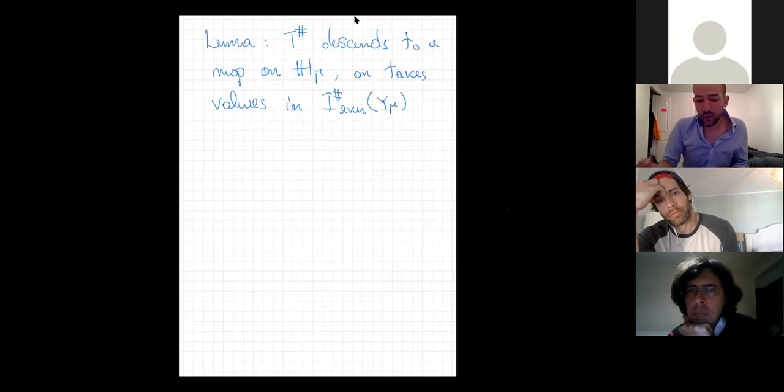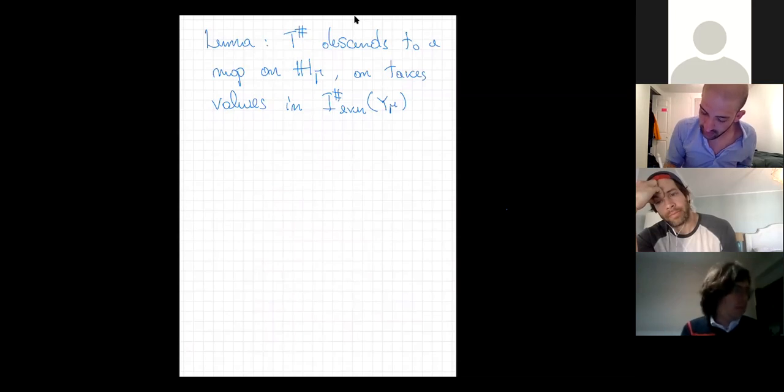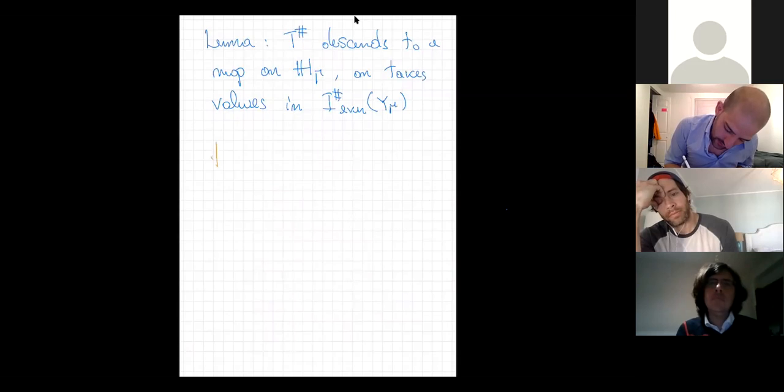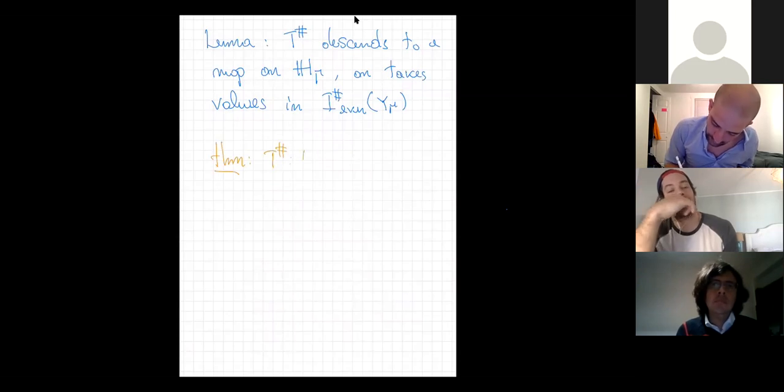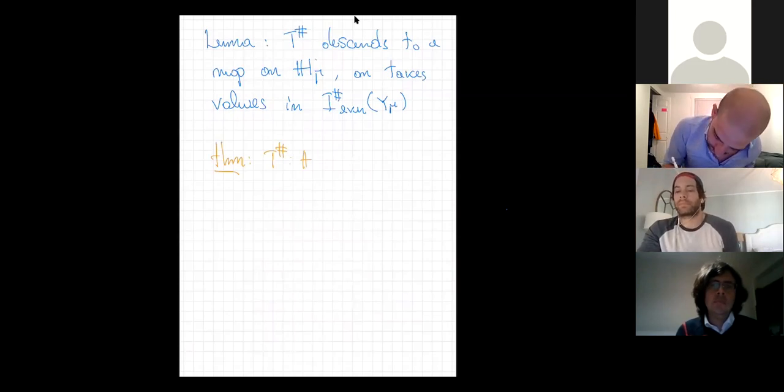Okay, so what we prove is, and this is somehow the theorem. Maybe I use another color. Yeah, let me use, I don't know, green, orange. And the other theorem is that T sharp from H, why did I write I here? Yeah, okay.